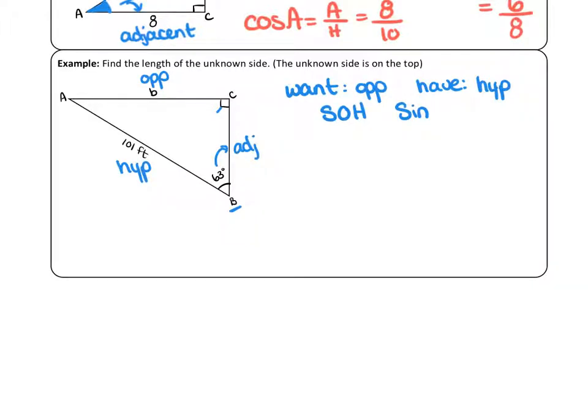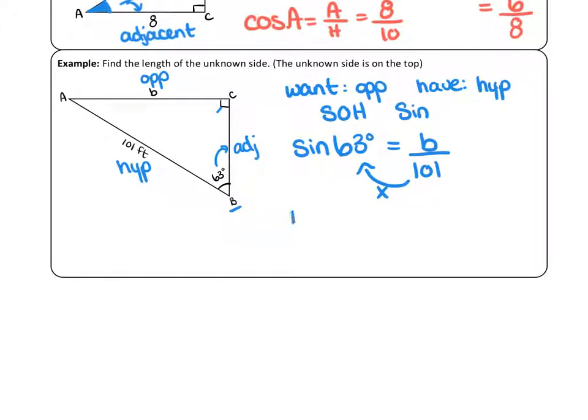So we'll set it up. Sine of 63 degrees, because the angle always goes with our sine, cos, or tan, is equal to our opposite, which is B. We're going to solve for that, over our hypotenuse, which is 101 feet. Now, in this example, because B is on the top, all you're going to do is take that 101, move it to the other side, and multiply.